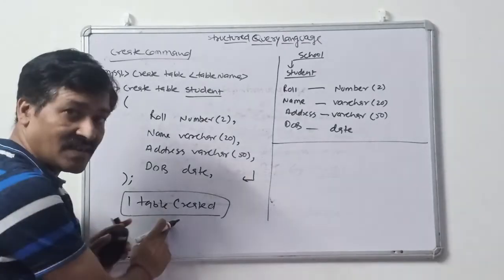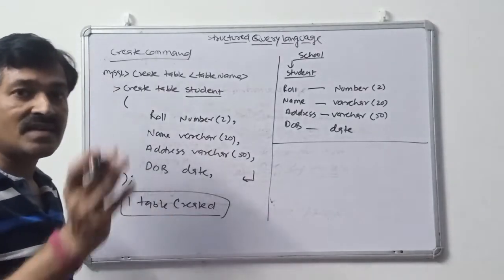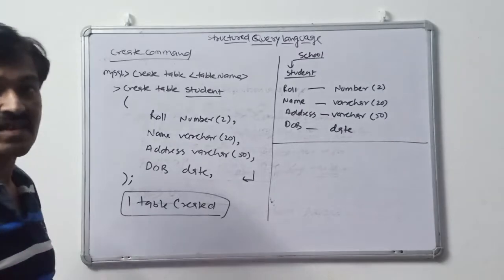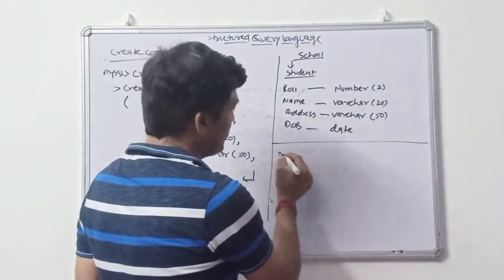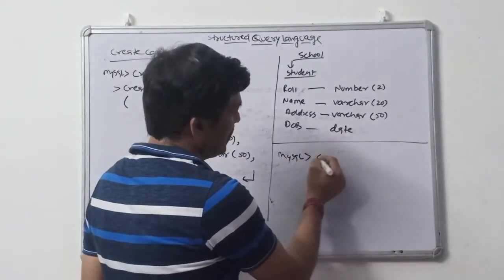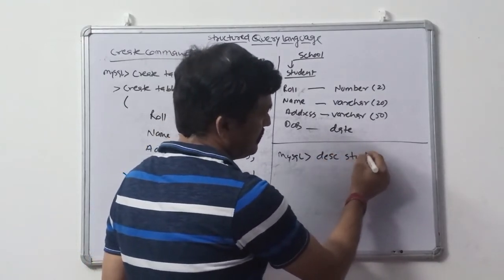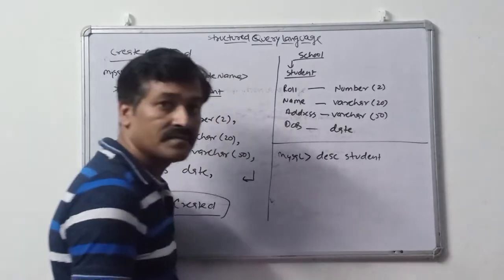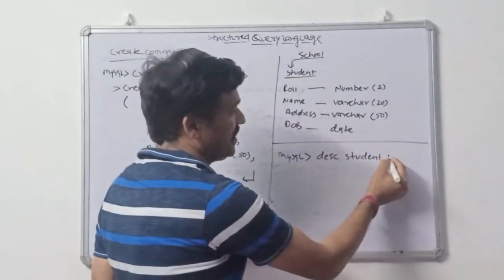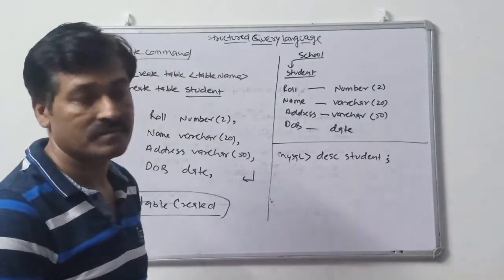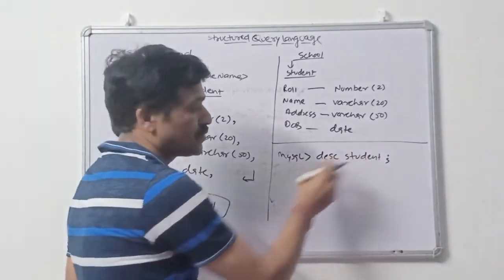Now the table is created. So to show the description or the structure of this table, we can write DESC and table name, student, terminated by semicolon. DESC student.